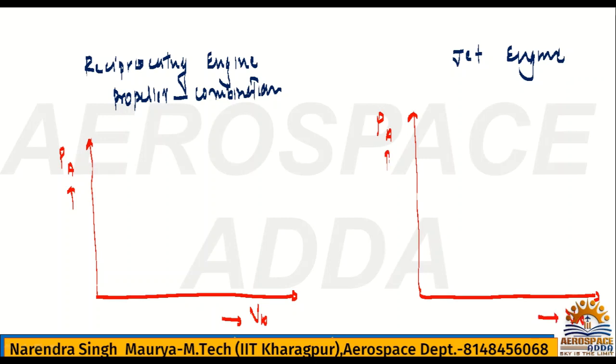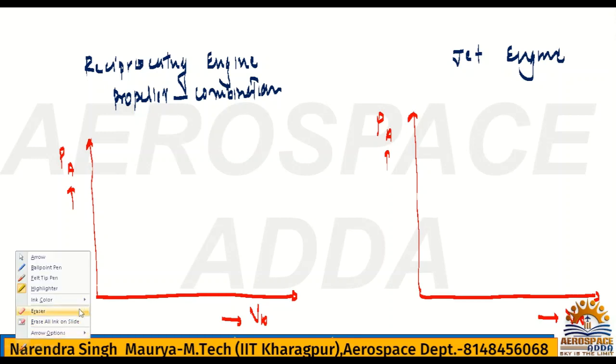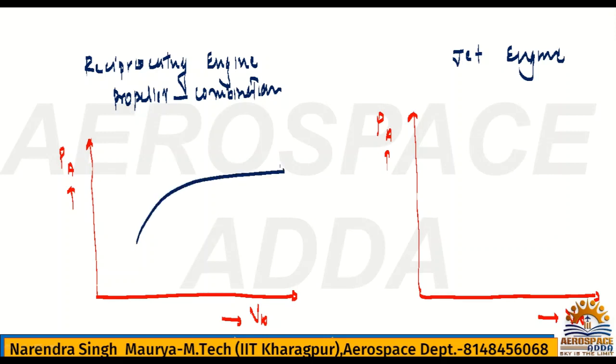If you draw this plot, it will look like this, and after this it will be constant. This is power available for the reciprocating engine, and for the jet engine the power available graph continuously increases, which indicates it is not constant.